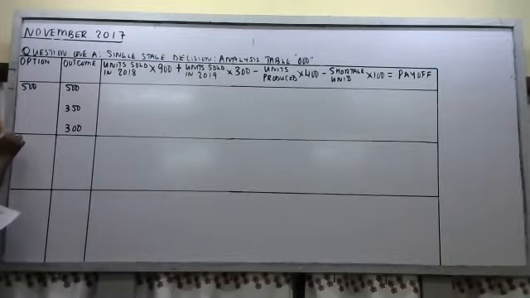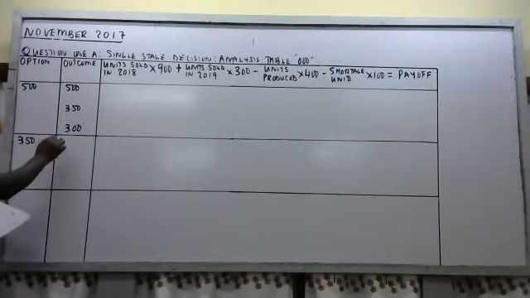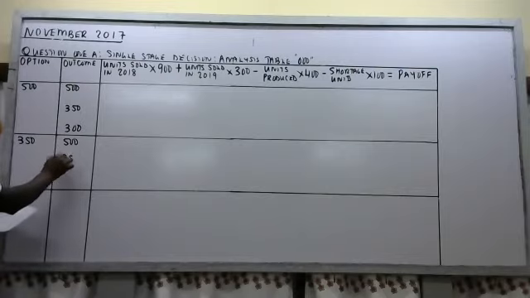You can also decide, I'm going to produce 350. So demand turns out to be 500, or 350, or 300.